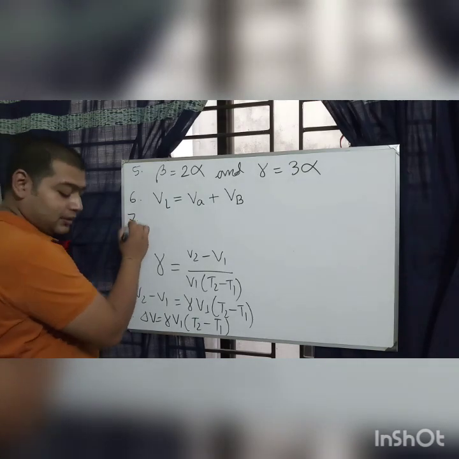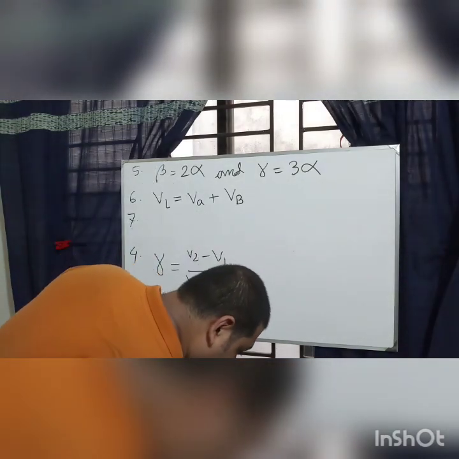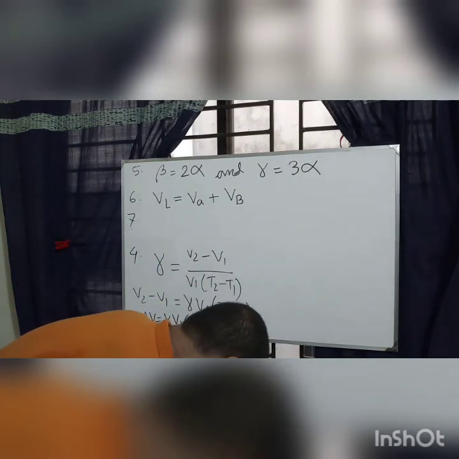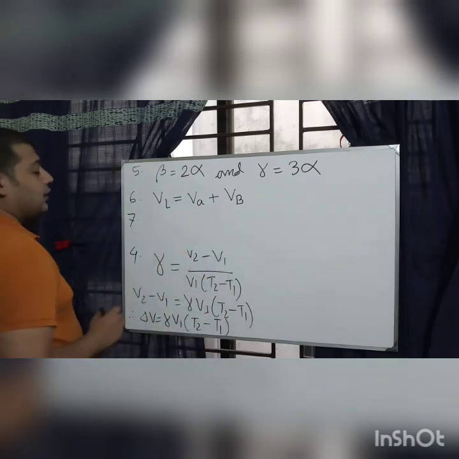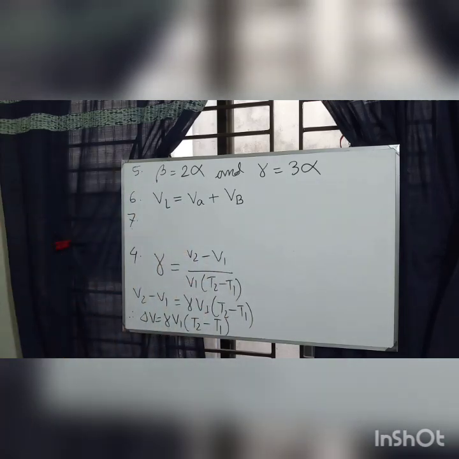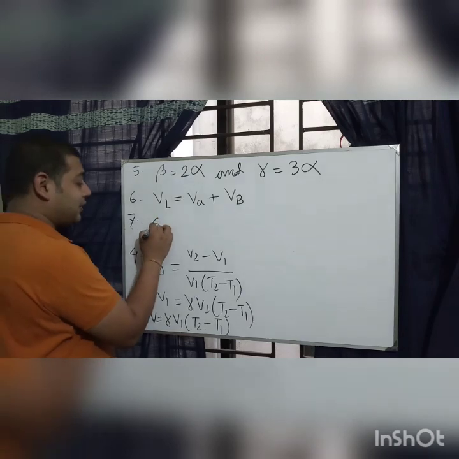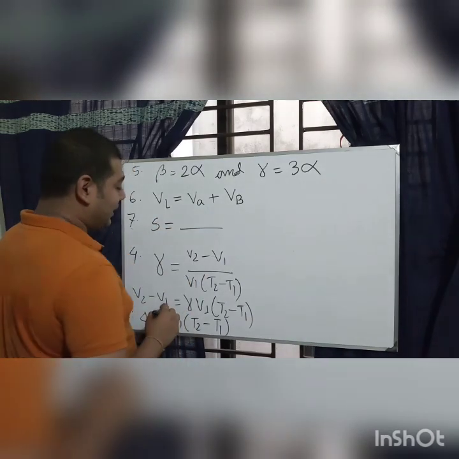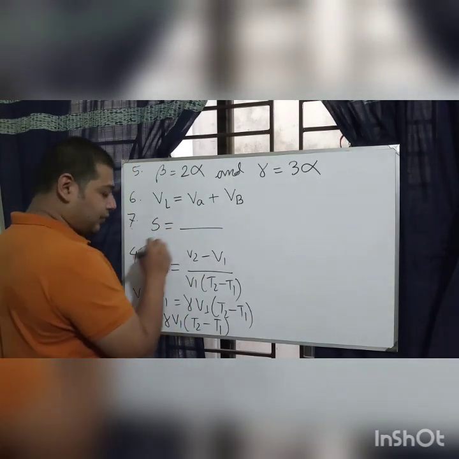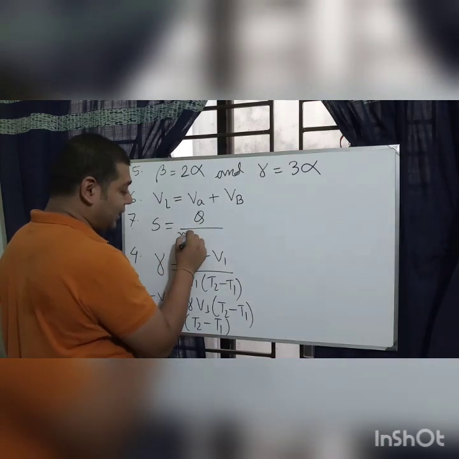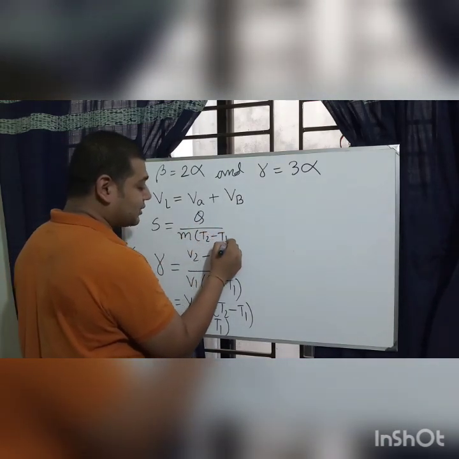Okay. Number 7 is the specific heat. The specific heat is denoted by S equal to Q divided by m into (T2 minus T1).